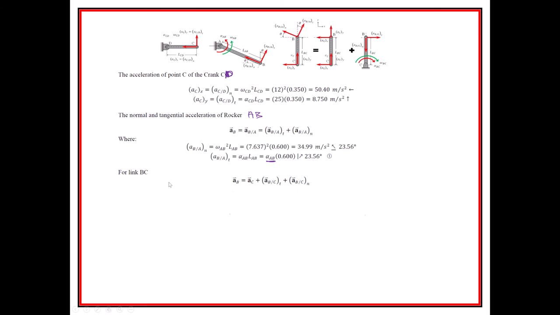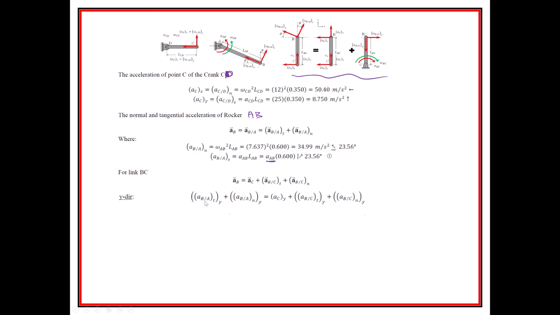And then for link BC, that's the coupler. We can write this equation for this diagram right up here. So this equation corresponds with this diagram, and we can break down what's going on here on the left.